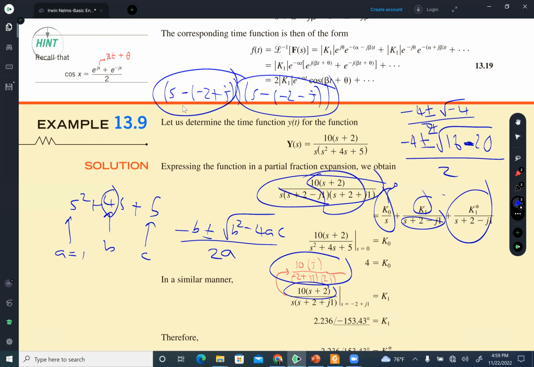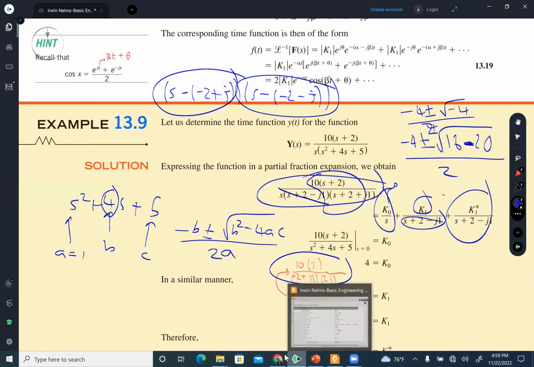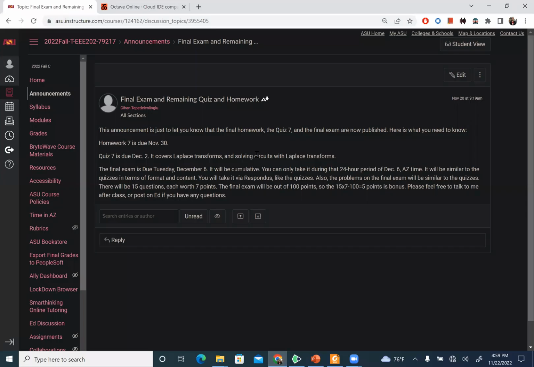I think we should be past this point, but we can easily verify this, right? I think I have this thing open here.